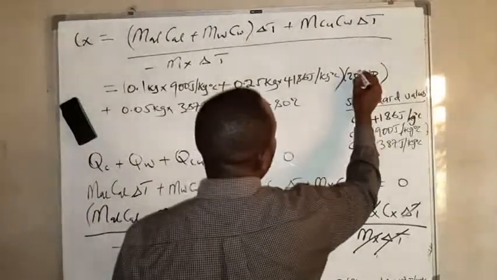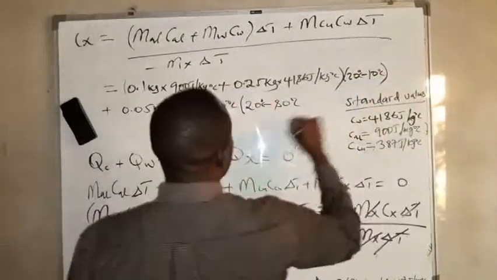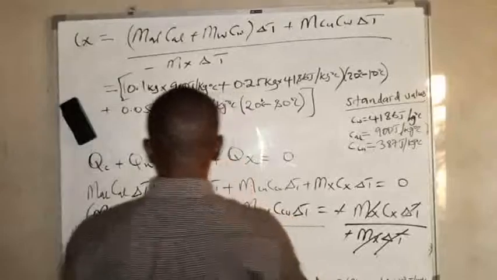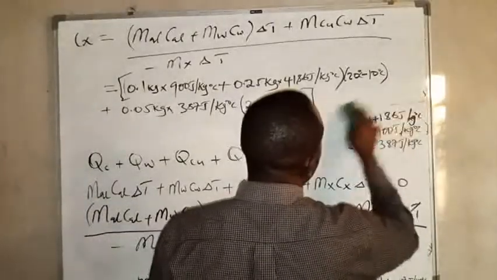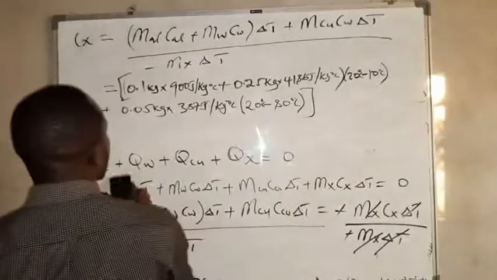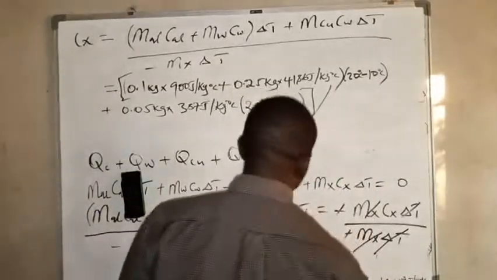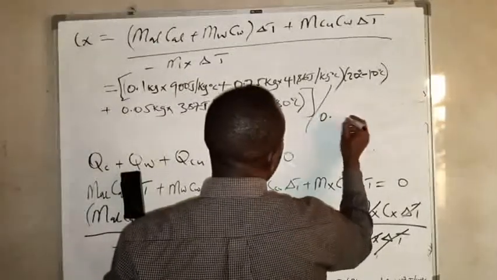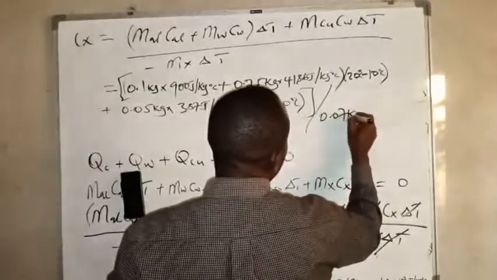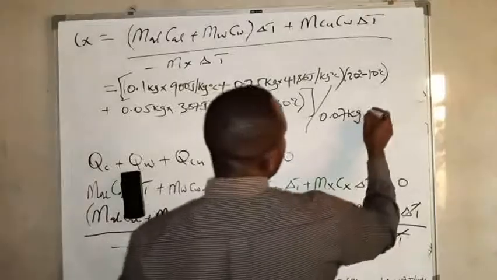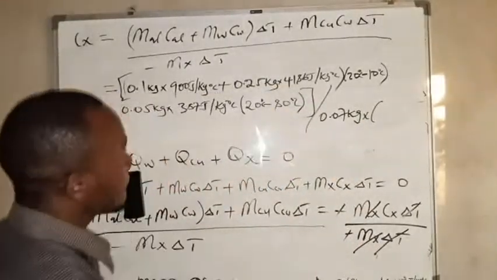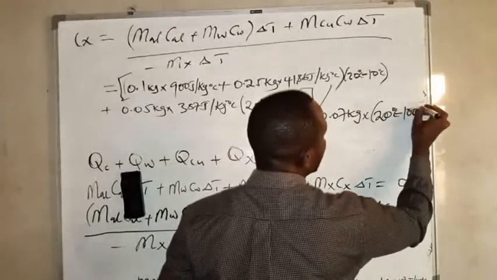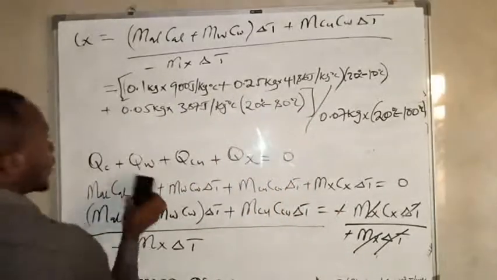All these we divide by the mass of X, which is 70 grams, or 0.07 kg, times the change in temperature, which is the final temperature 20 minus 100 degrees Celsius.